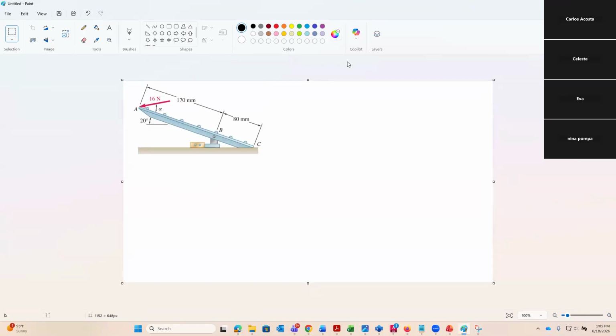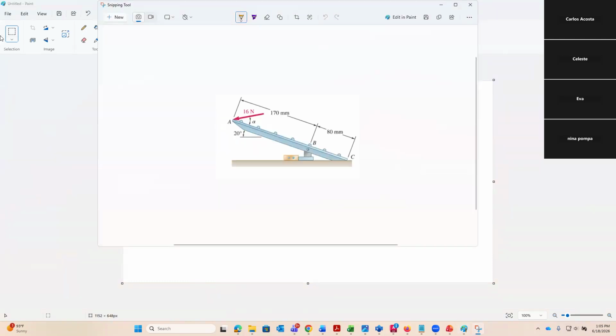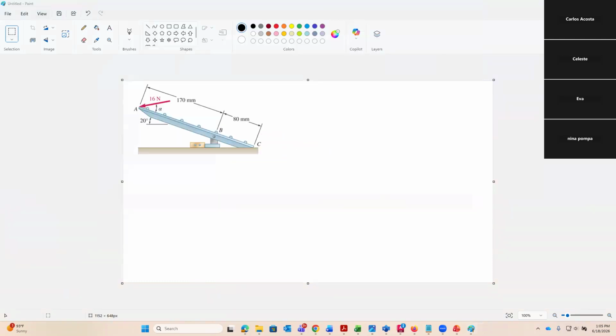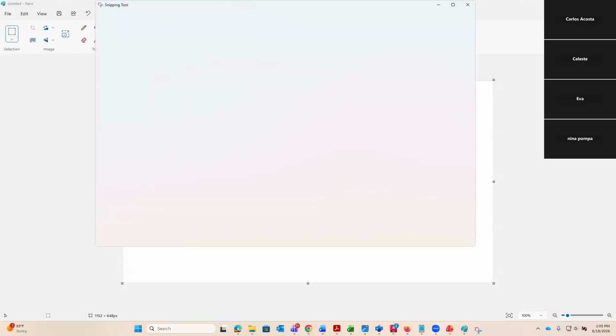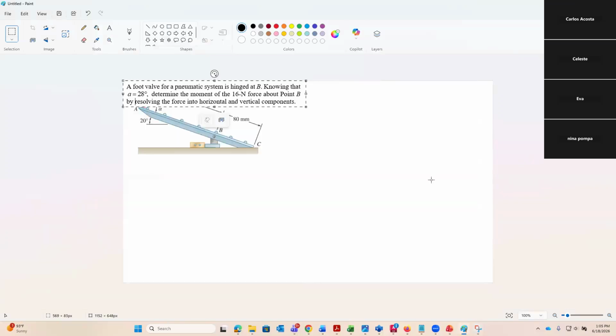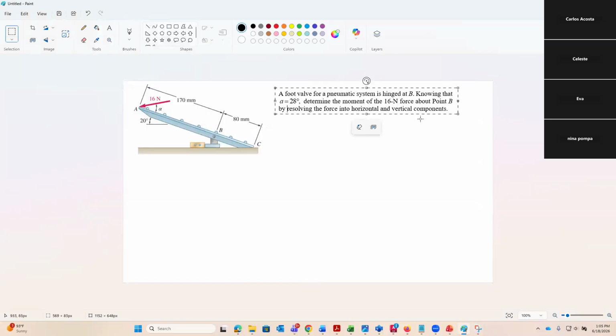So let's do this one, which is one of the problems in the assignment. Again, you go from millimeters to meters. All right, let's do this one.